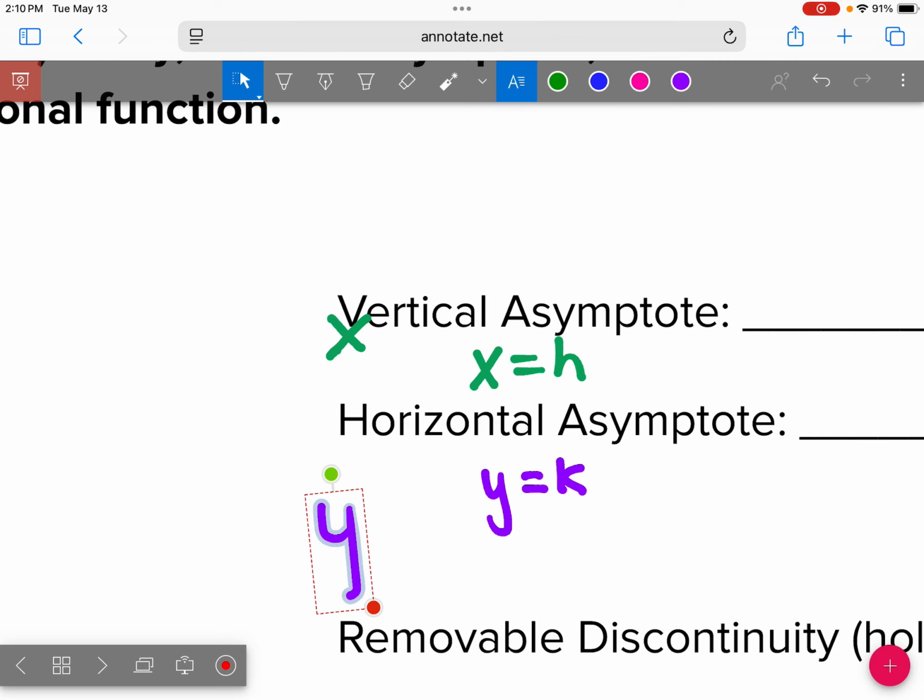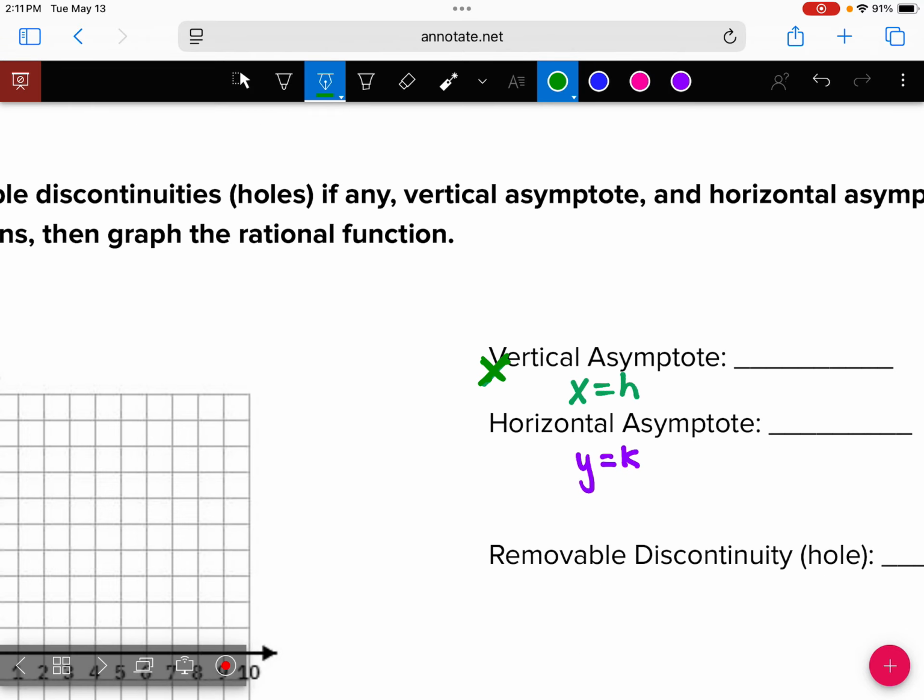So Y switches to our horizontal asymptote, not the letter H, but that's our horizontal asymptote. So whatever works for you to remember that. I like to do the V sits inside the X very nicely, because I draw my X as angular and my Y is loopy-doopy. X goes with H, just like in the table.